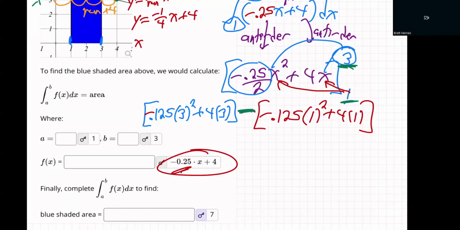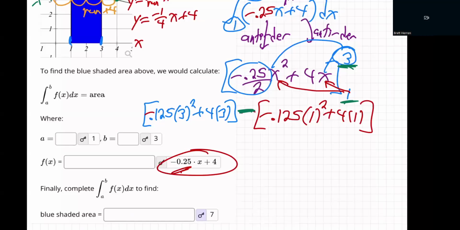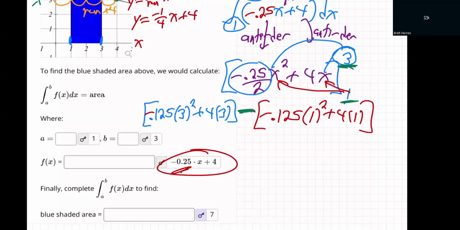So it's just plus 4, really. You don't really need that. I'm just going to go plus 4. Was it 4? Yeah, plus 4. There we go. What does it come out to be? 7. There it is. It is 7.